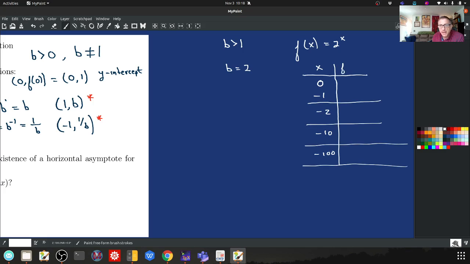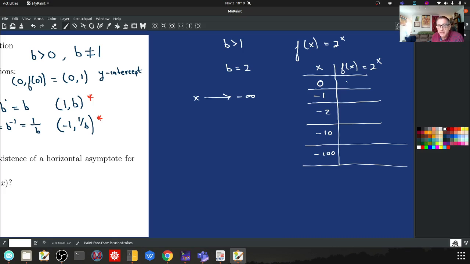Well, f of x is equal to 2 to the x, and we're questioning what happens as x goes to -infinity. This is really just a small bit down that road, but we're going to see a pattern.